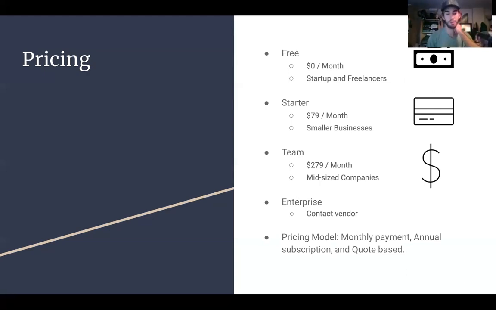That's for your more mid-sized companies. And then there's an option for much larger enterprises, and that pricing varies depending on the number of people, employees, and such. And then the pricing model is monthly, annual, and quote-based, which is nice that they have all those options.